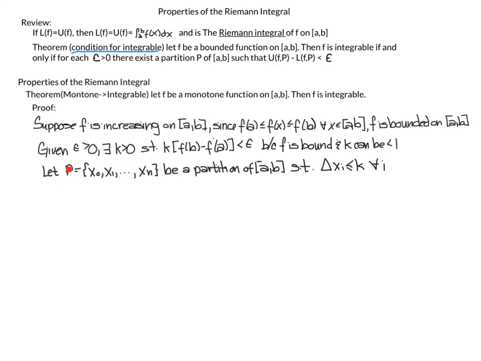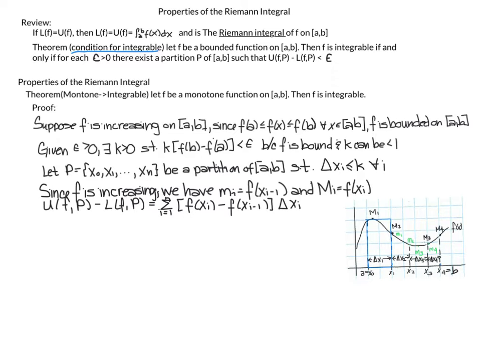Now we're going to let P be the partition x0, x1, up to xn. And we're going to create these partitions such that each interval, each delta x sub i, is less than k. Since f is increasing, our infimum on the interval is f of x sub i minus 1, the left-hand side of the interval.